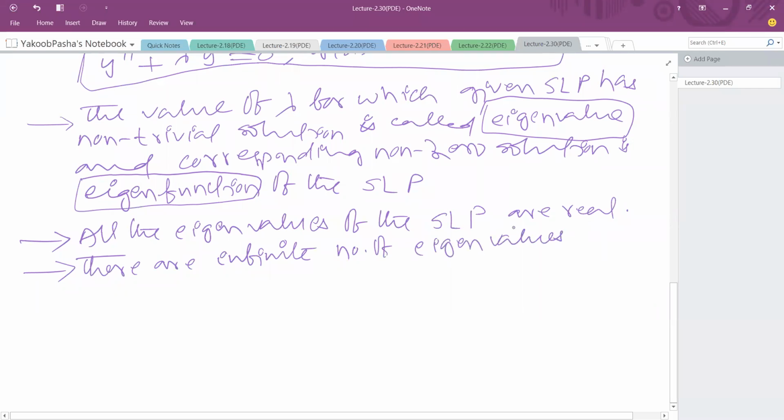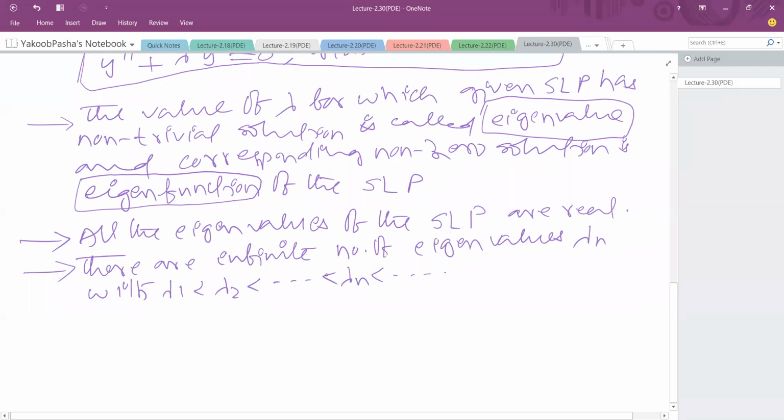We are taking lambda n, where n is a natural number, with the property that lambda 1 is less than lambda 2 is less than lambda 3, and so on, lambda n is less than, and so on. This is nothing but an increasing sequence.